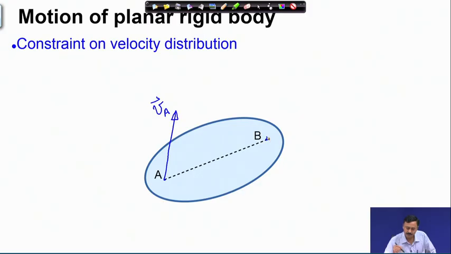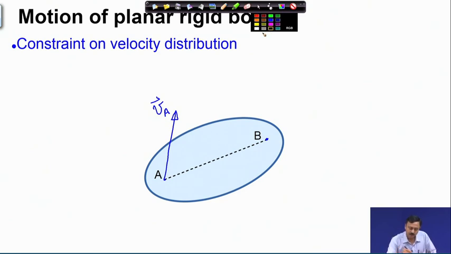So, point B is here. Is there any constraint on the velocity of point B? The answer is yes, and this is why it should be, because this is a rigid body. Remember, this is a rigid body.